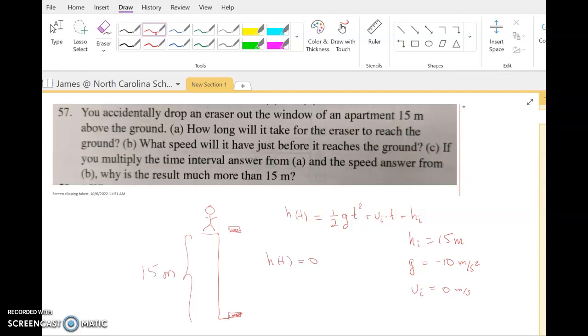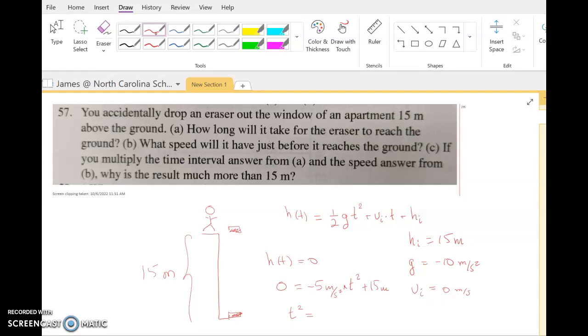So I write 0 on the left, and I get a half g, so it's going to be minus 5 meters per second squared, times t squared, plus 0 times t, and then plus 15 meters, like this. Now I can move a value to the other side, so I can write this as t squared equals, and when I move that 5 meters per second squared over, it'll be a positive number.